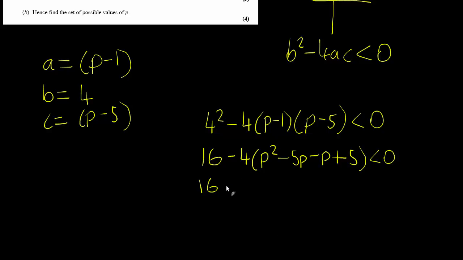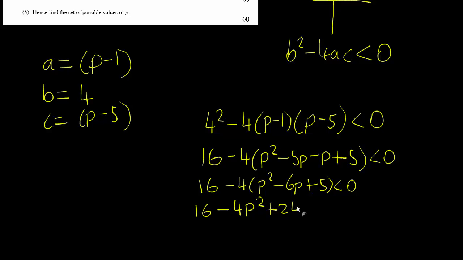Let's simplify the bit inside first, so p squared minus 6p plus 5 is less than 0, and then multiply out the 4, so we get 16 minus 4p squared, then minus 4 times minus 6 gives plus 24p, and minus 4 times plus 5 is minus 20, and that's less than 0.